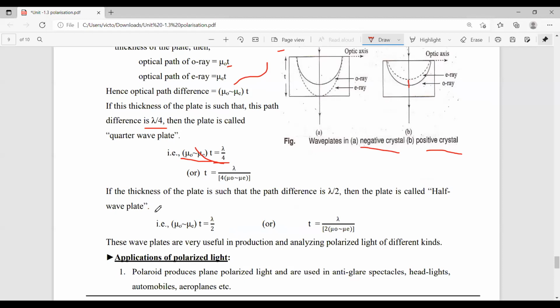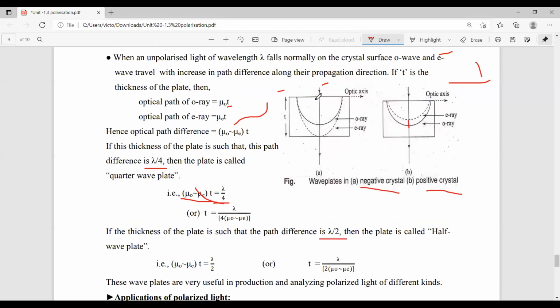Similarly, for the thickness of the plate if the path difference is lambda by 2, observe that for a quarter wave plate, this is the complete wave. Whenever a wave passes through this glass plate, a quarter wave plate means it travels only this lambda by 4 path.